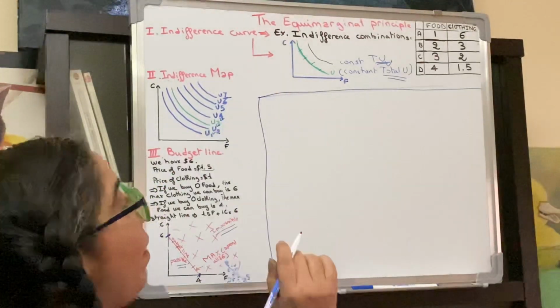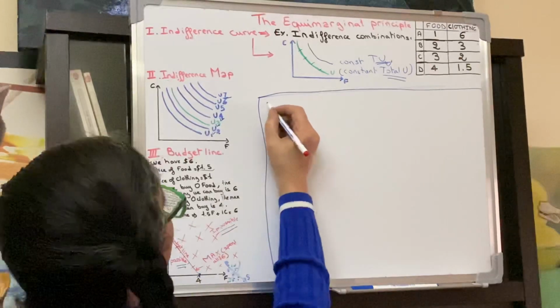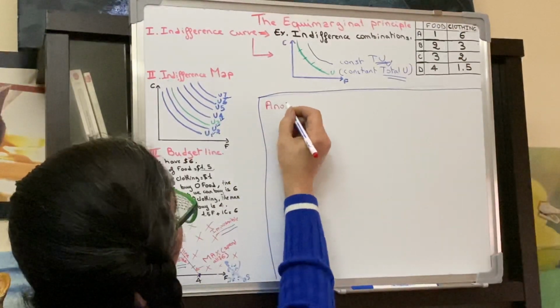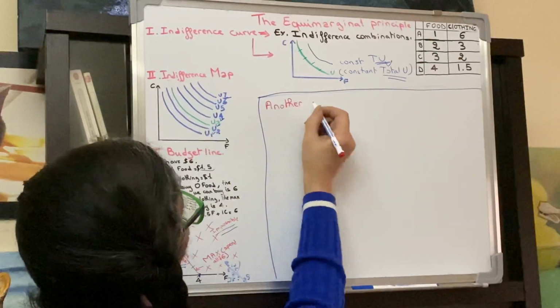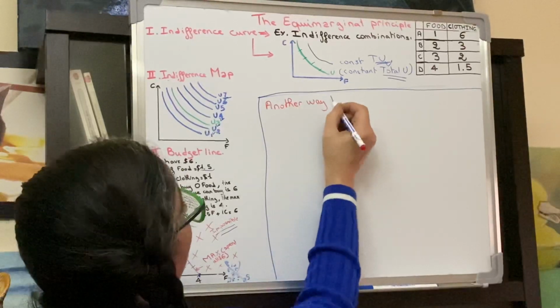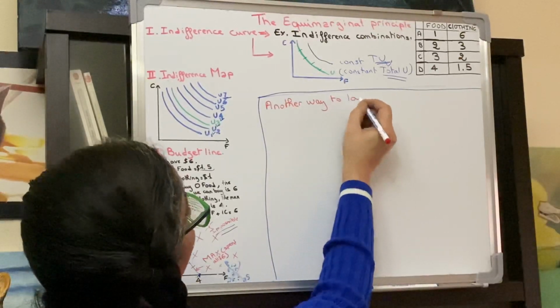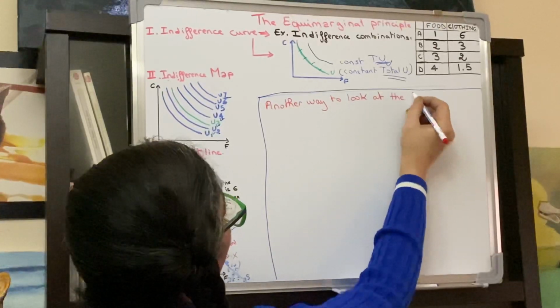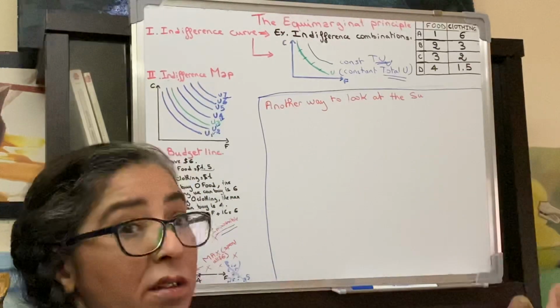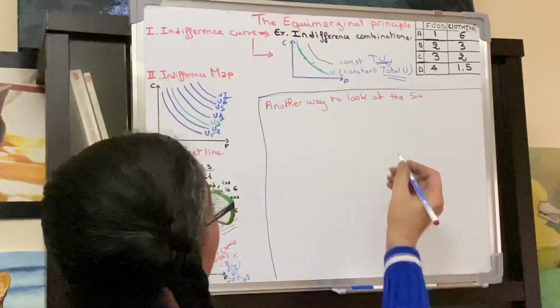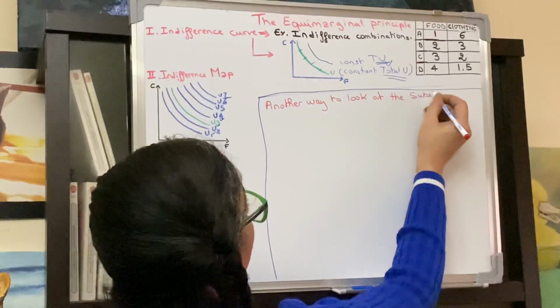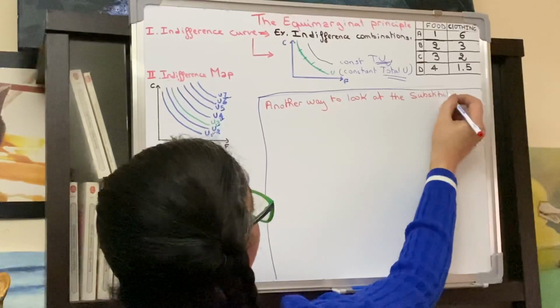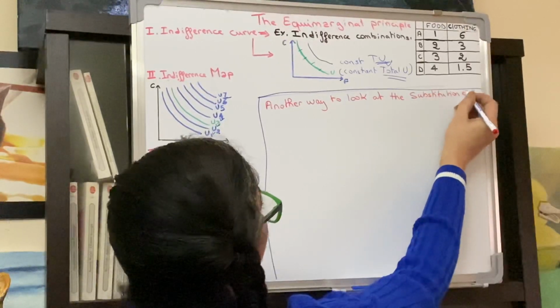Now I'm going back to the chapter to see another way to look at the substitution effect, which is one of the reasons the demand is downward sloping, okay? The substitution effect.